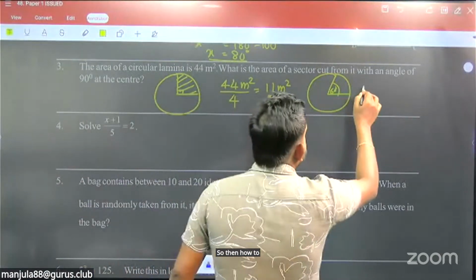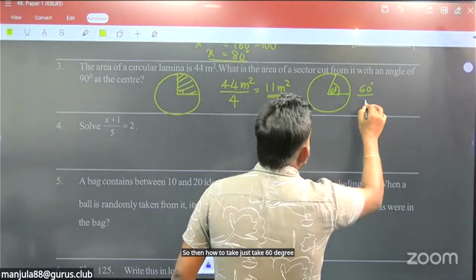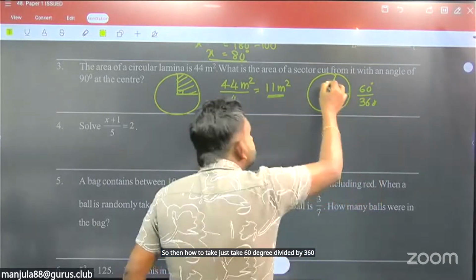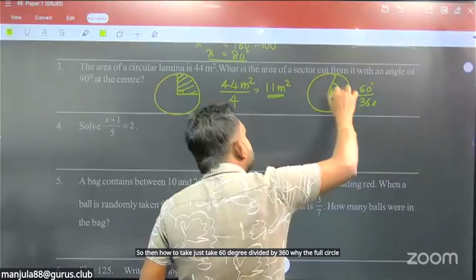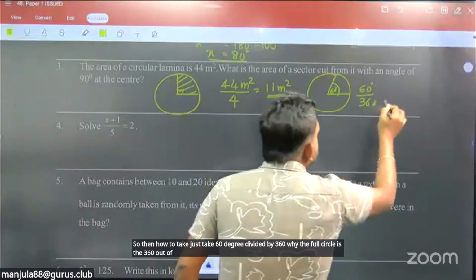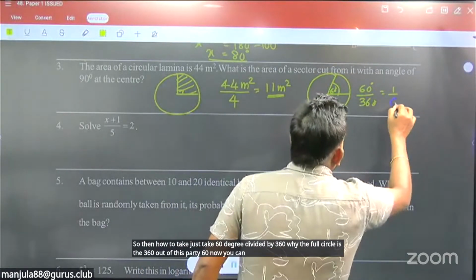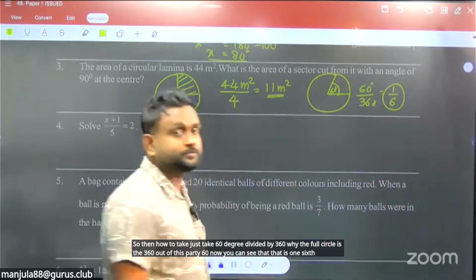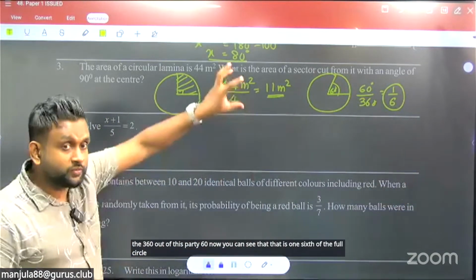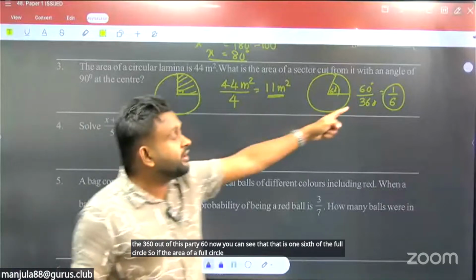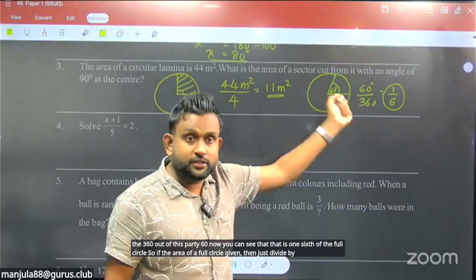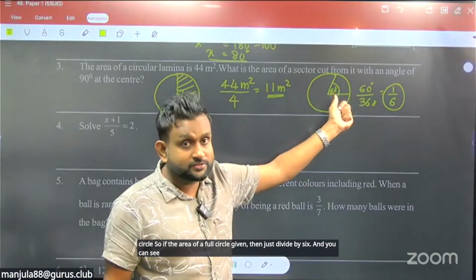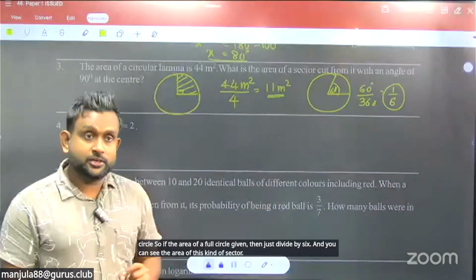Just take 60 degrees divided by 360. Why? The full circle is 360, and out of this the part is 60. Now you can see that that is 1/6 of the full circle. So if the area of a full circle is given, just divide by 6, and you get the area of this kind of sector.